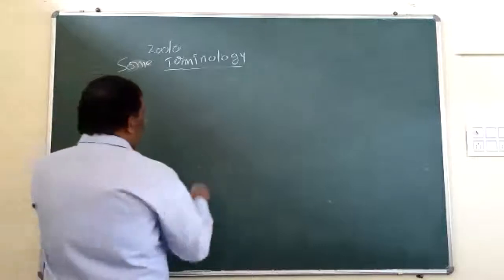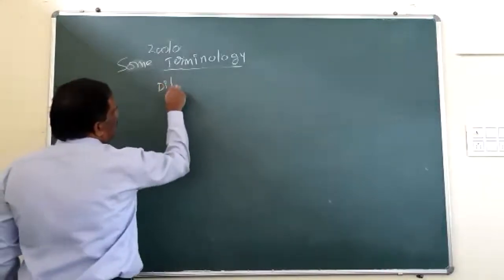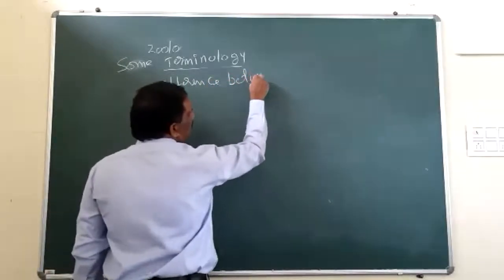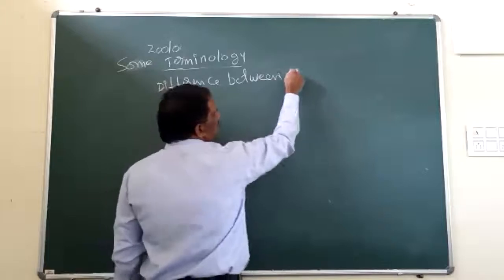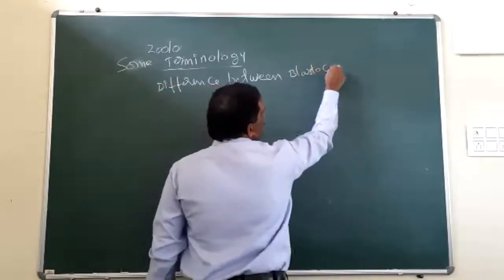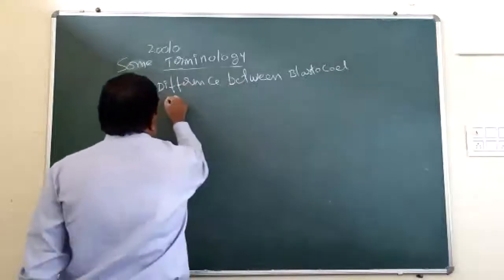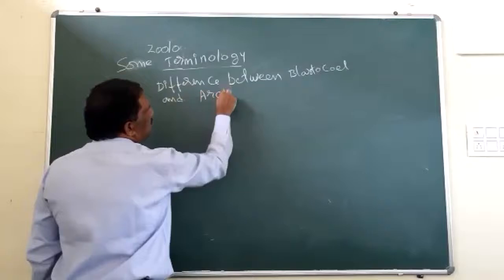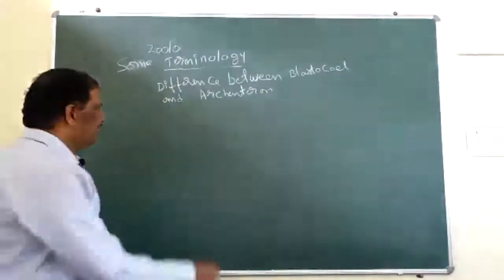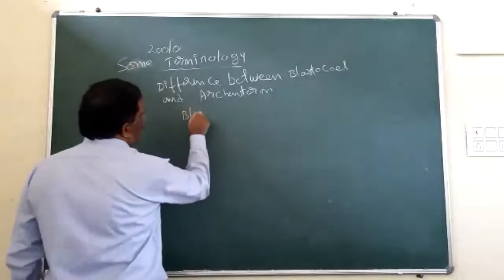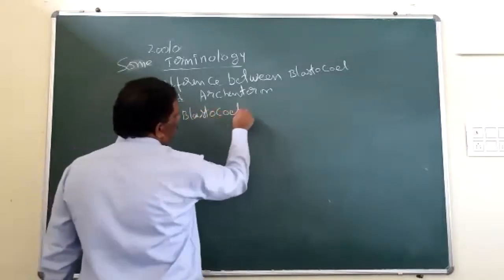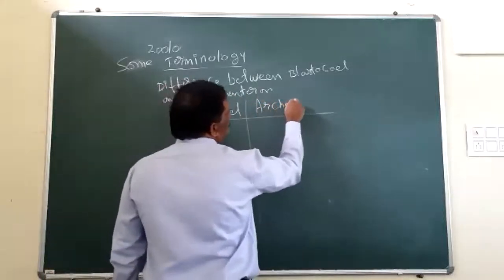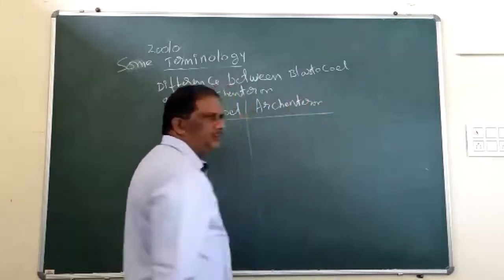Next, the difference between blastocele and archenteron. Suppose this is blastocele and here is archenteron.